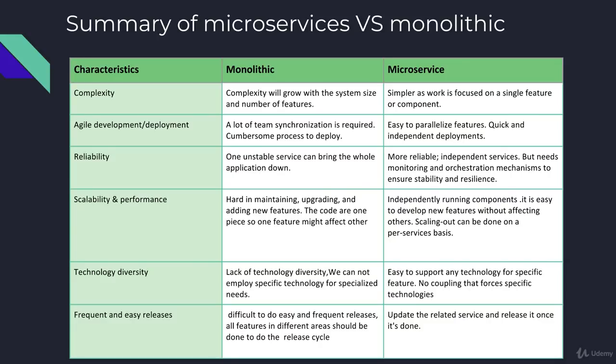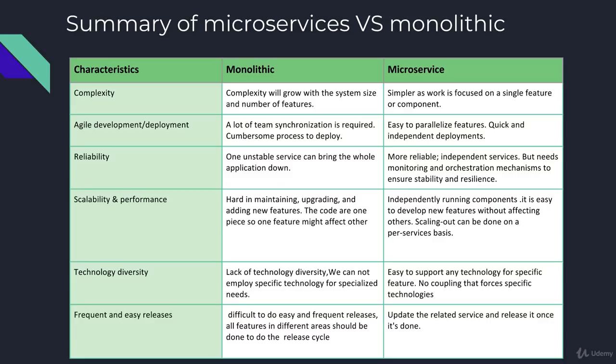Scaling out can be done on a per-service basis. Technology diversity: in a monolithic application, there is a lack of technology diversity; we cannot adopt any specific technology for specialized needs. But in the microservice style, it is easy to support any new technology for specific features. There is no coupling that forces specific technologies.